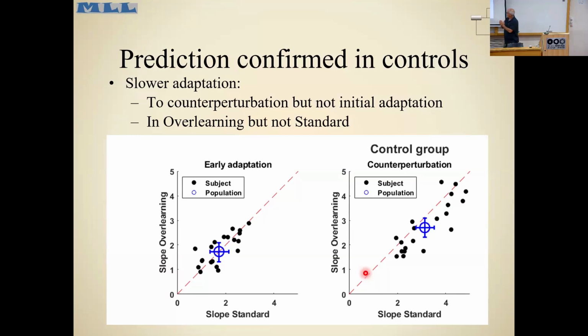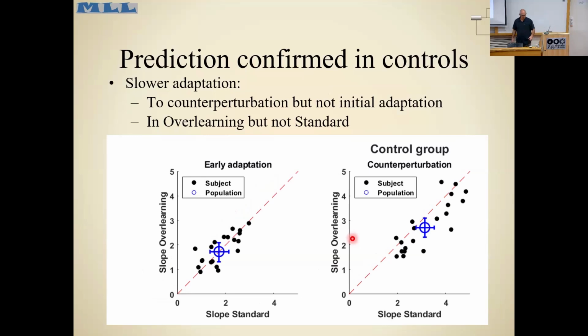But in the counter perturbation, they get a much bigger slope in the standard task than they do in the overlearning task, and that's for almost every subject. So their learning has slowed down.